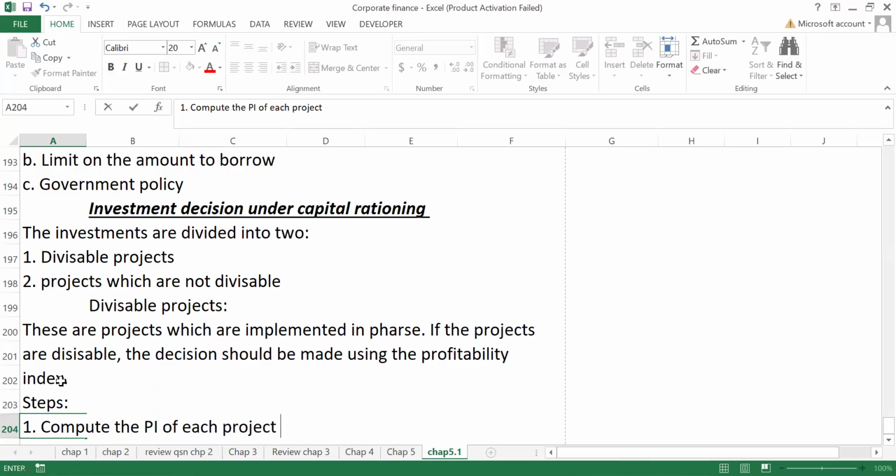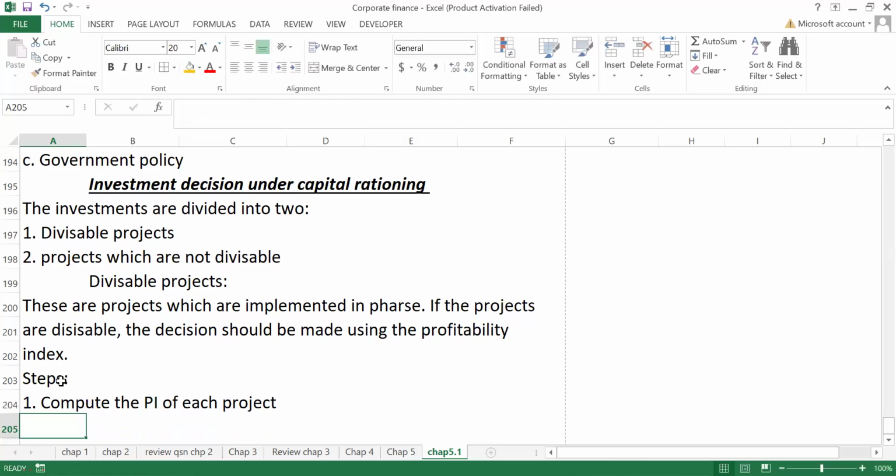Compute the PI of each project. Then, step number 2, rank the projects according to the PI.